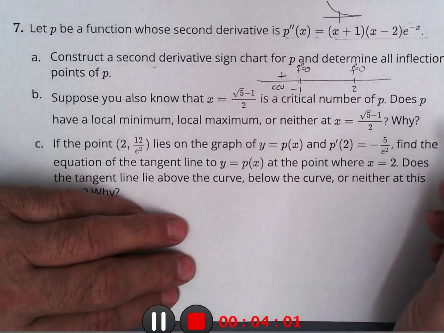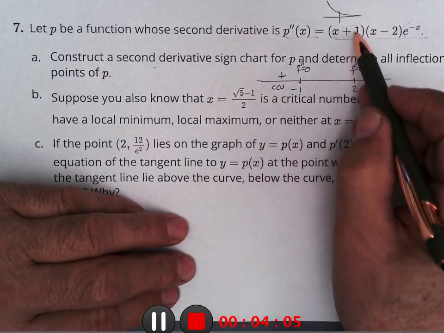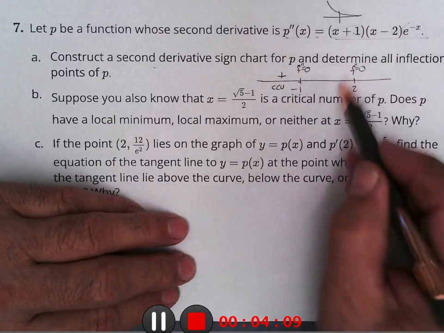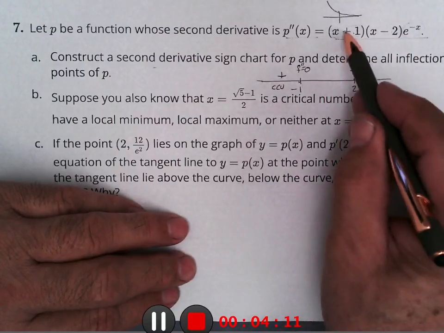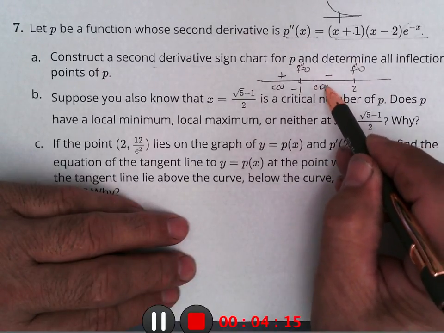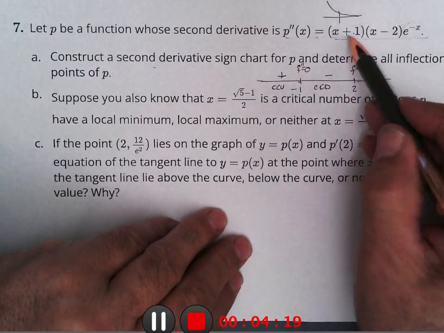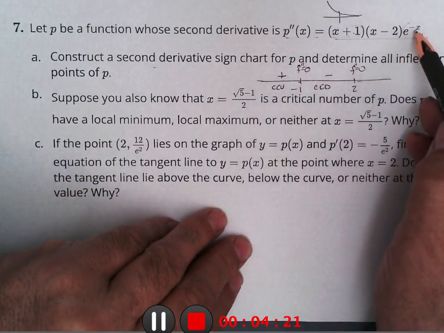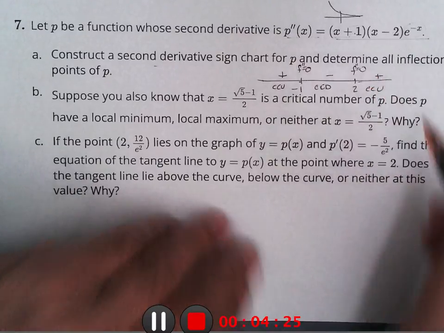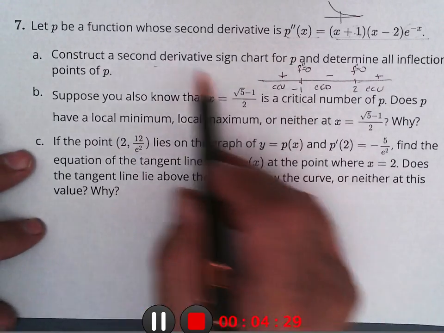In between -1 and 2, 0 let's say, this is positive, this is minus, and that's always positive, so it's going to be negative, and so it's concave down. And then above 2, that'll be positive, and that'll be positive, and that's always positive, so it's positive, and so it's concave up. So there's a second derivative sign chart.